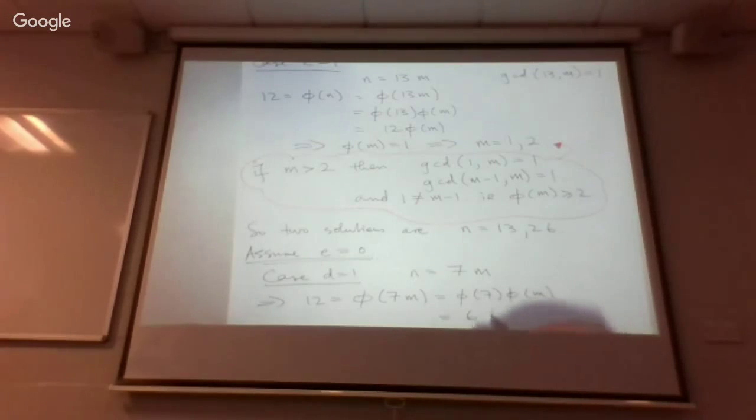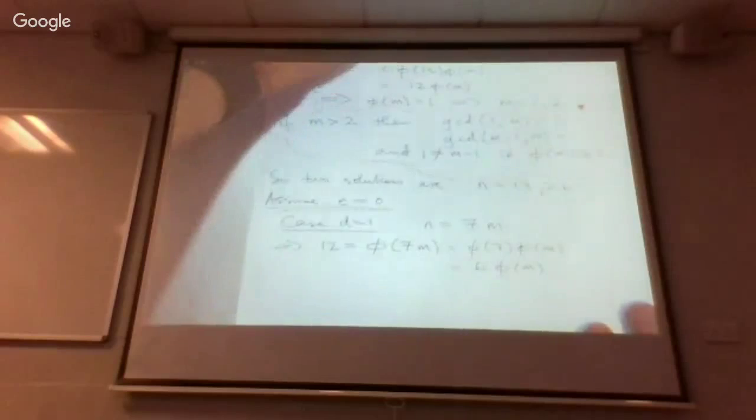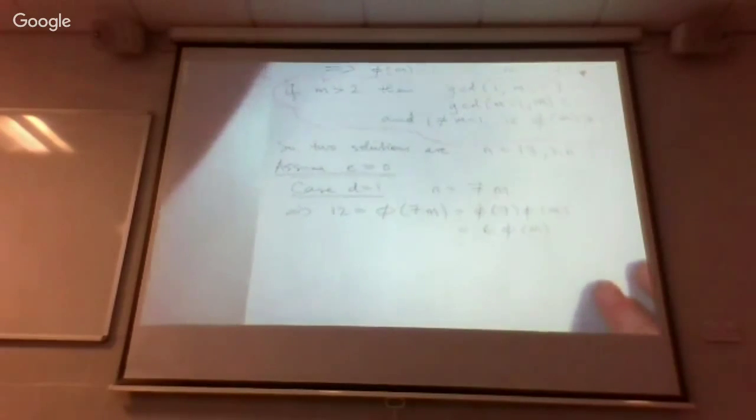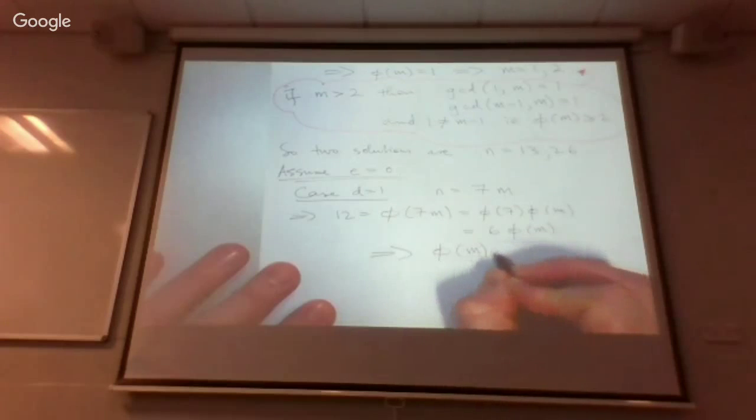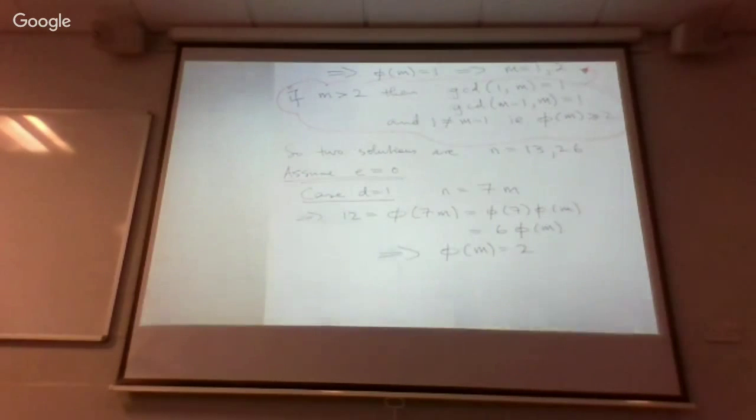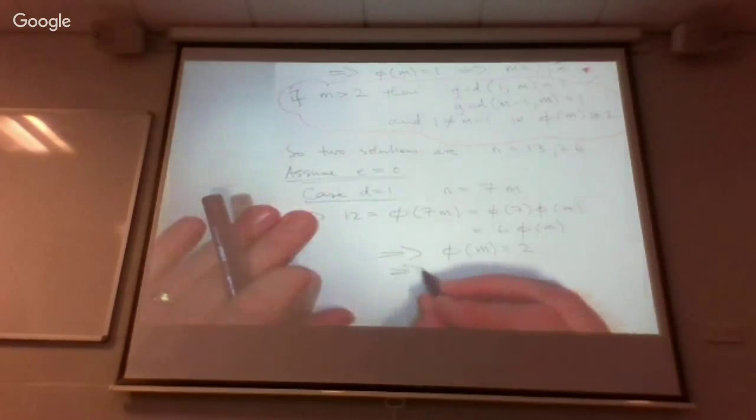So that's equal to 6 times phi of m. Well, if this is equal to 12, that's going to imply phi of m equals 2. Well, that should be pretty easy to solve. Which m's have a phi value equal to 2? The only ones are 3, 4, and 6.